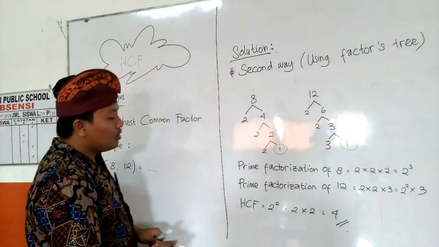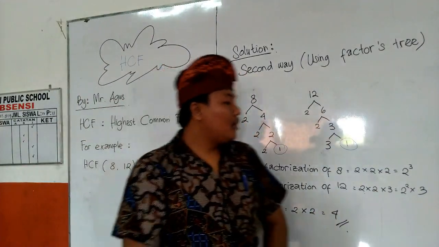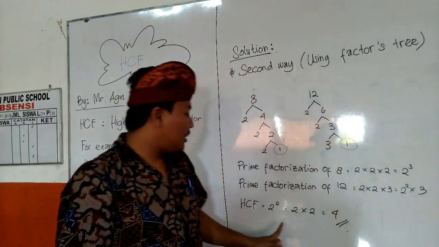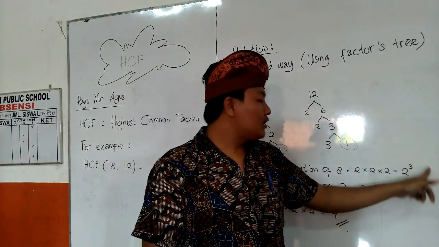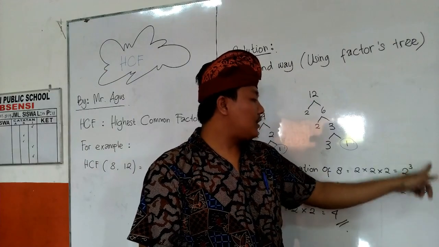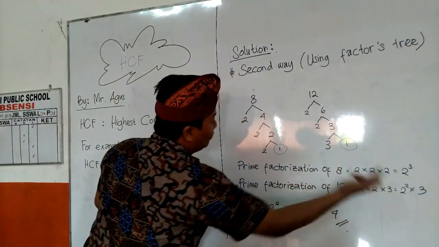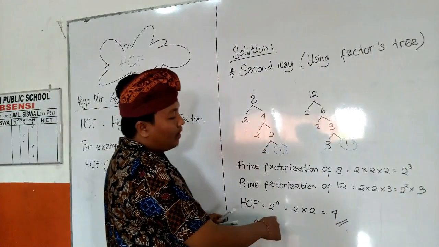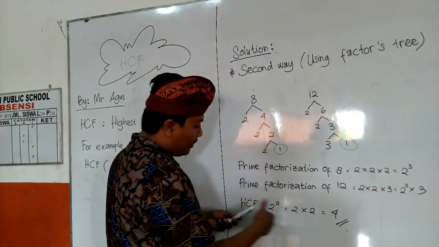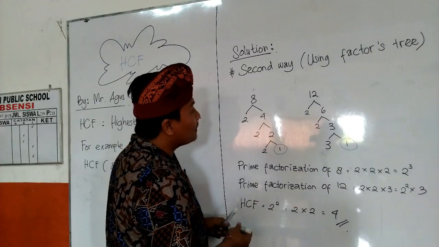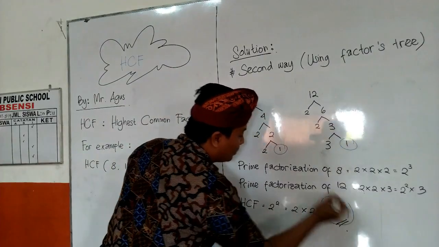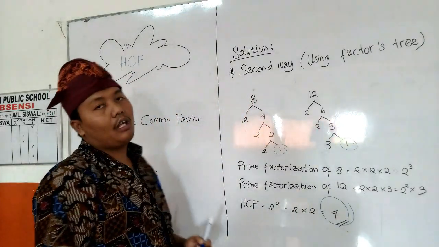So you use 2 to the power 2. You don't need to put 3 here because there is no common factor of 3. So you just use 2 to the power 2, which equals 2 times 2, and the HCF of 8 and 12 is 4. Same answer as the first way.